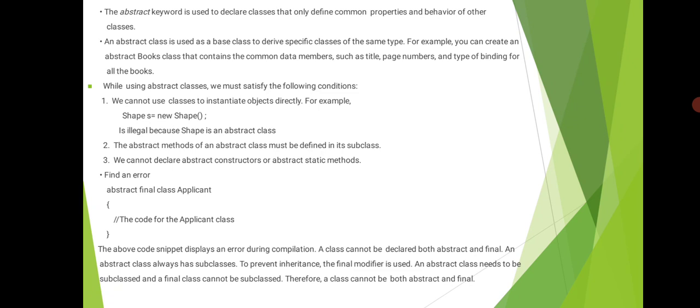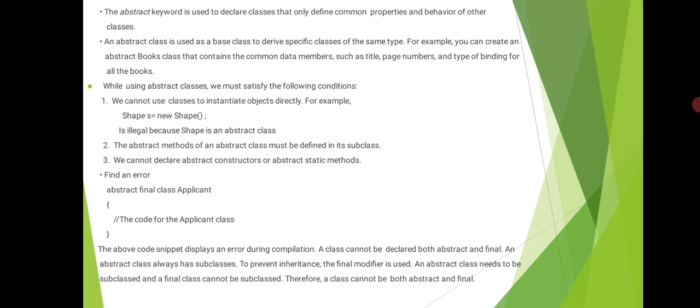Through the abstract keyword, we can create abstract methods and abstract classes. Where you create abstract methods, that method should be defined in the subclass. Abstract classes should be inherited by the subclass, that is how it works.